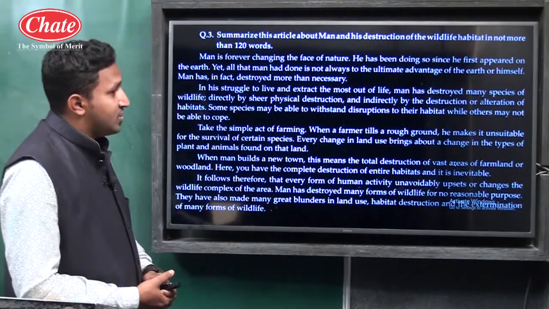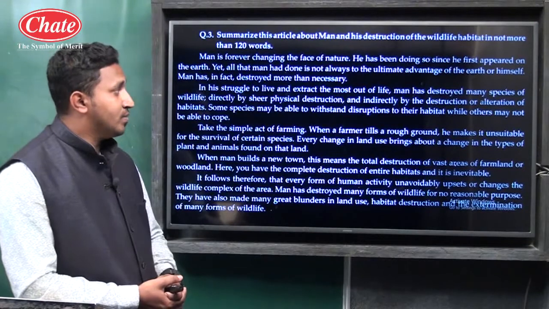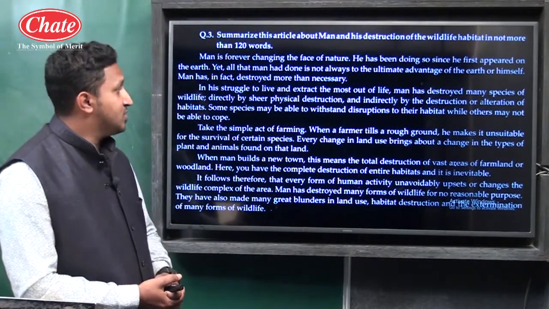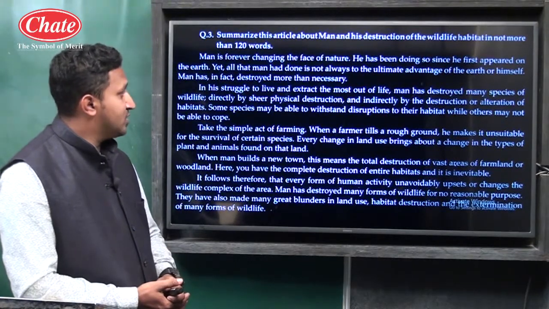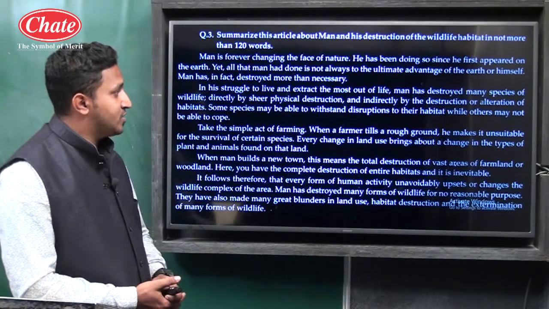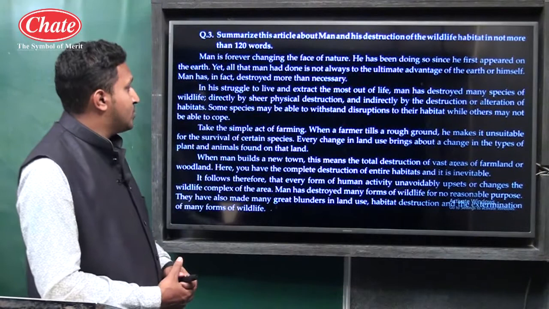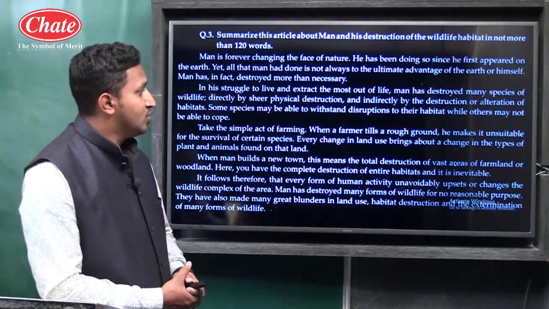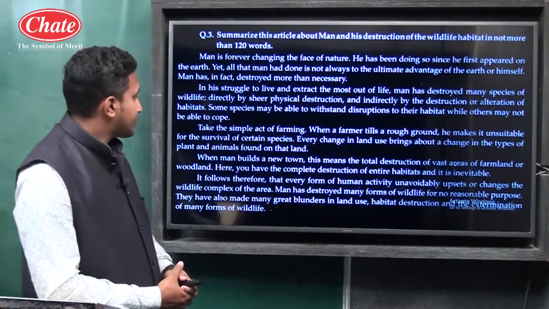In his struggle to live and extract the most out of life, man has destroyed many species of wildlife, directly by sheer physical destruction and indirectly by the destruction or alteration of habitats. Some species may be able to withstand disruption to their habitat, while others may not be able to cope.